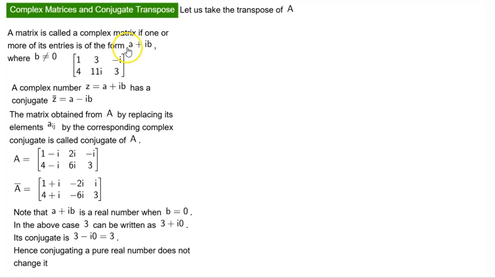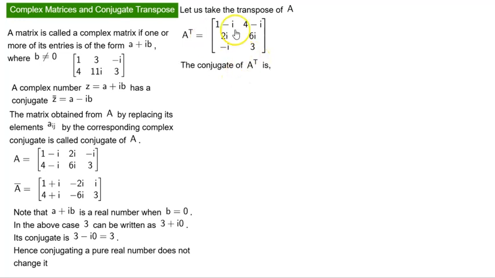Now, let us take the transpose of A. Transpose of A would be, here we have columns. Those columns become rows in the transpose. So 1 minus i, 2i, minus i is the first column in the transpose. And we have 4 minus i, 6i, 3 as the second column.